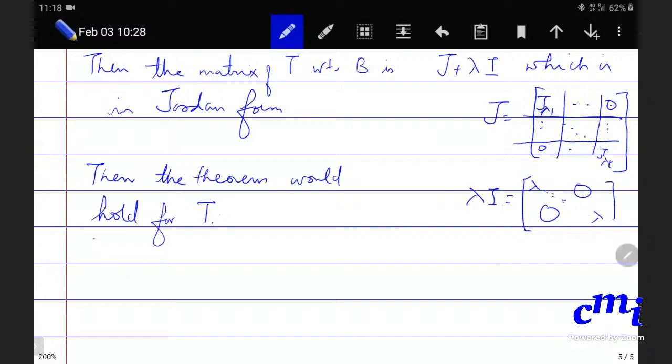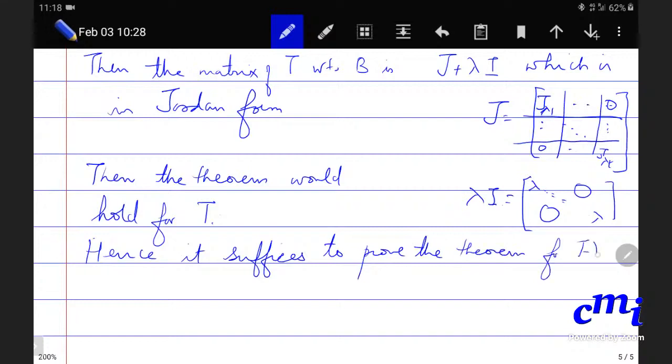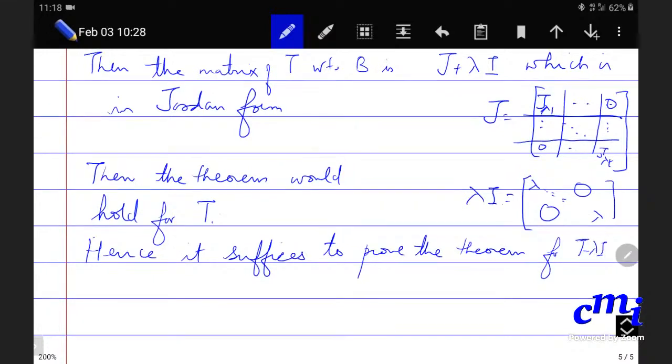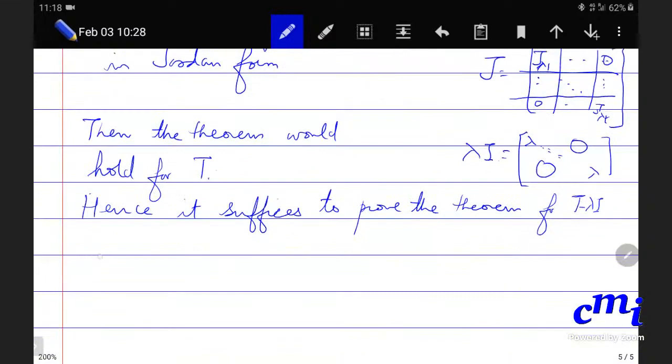Therefore, hence it suffices to prove the theorem for T minus lambda I, where lambda is an eigenvalue. Now we cannot keep track of this data, so we will just relabel everything.